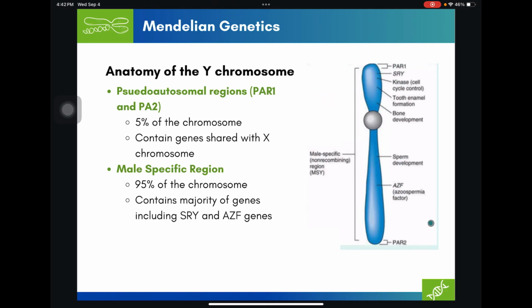The Y chromosome also contains the male-specific regions, where 95% of the chromosome is male-specific and 5% contains PAR1 and PAR2. It is called the male-specific region because the majority of the genes here include SRY and the AZF genes, or the azoospermia genes. SRY and the AZF genes are responsible for the development of the testicles and necessary ducts for a male human.